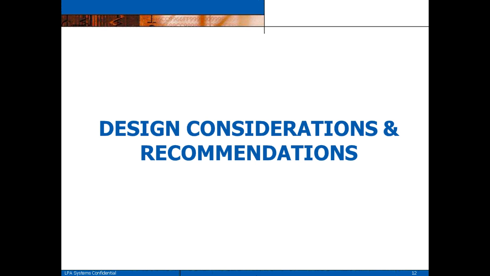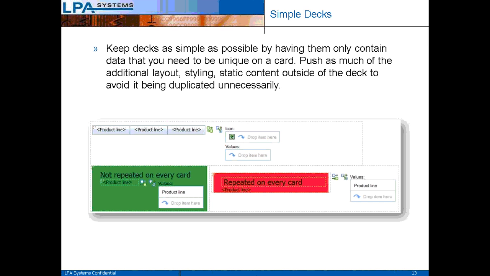So with the time we have remaining, I'm going to walk through some basic design considerations and recommendations for building active reports. I guess the first thing to keep in mind is to keep the decks as simple as possible. And what I mean by this is only include data within the deck structure that you need to be unique on that card.